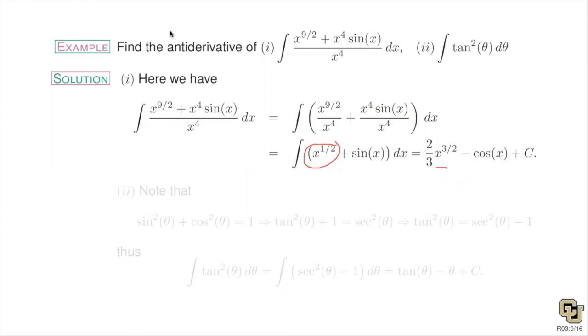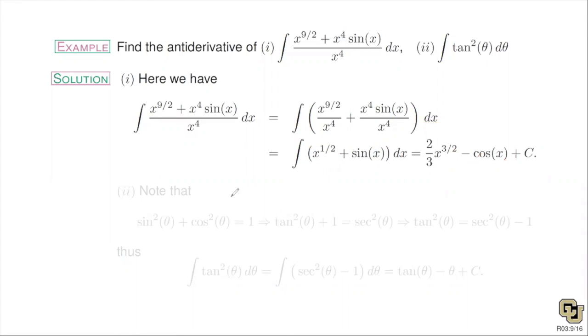And finally, for sine, you have to have your derivatives memorized, or antiderivatives, however you want to think about it. I know the derivative of cosine by itself is negative sine, but here I have a plus sign. So if you put a minus sign in front, the derivative of minus cosine will give you exactly plus sine.